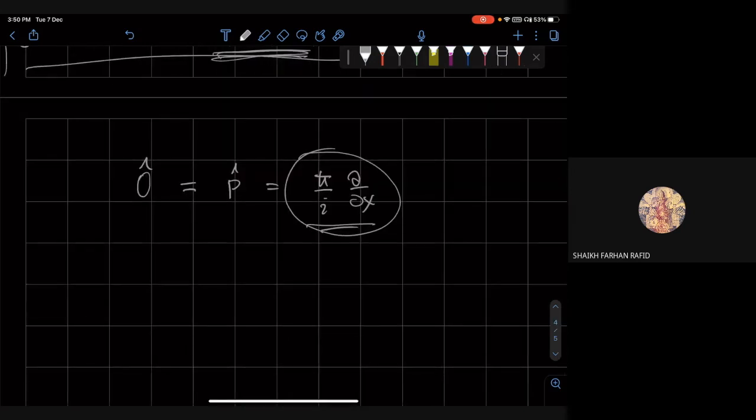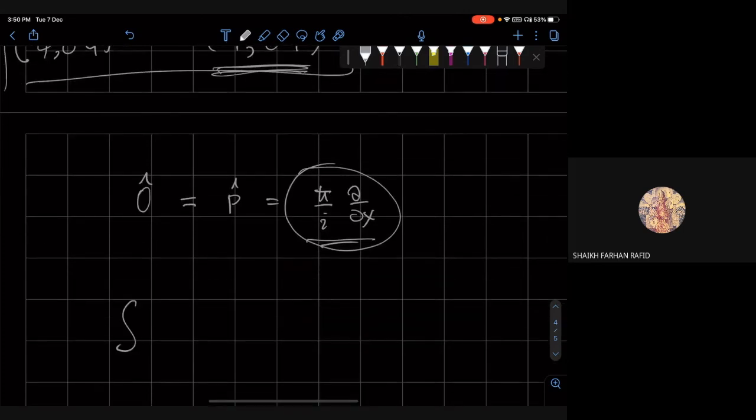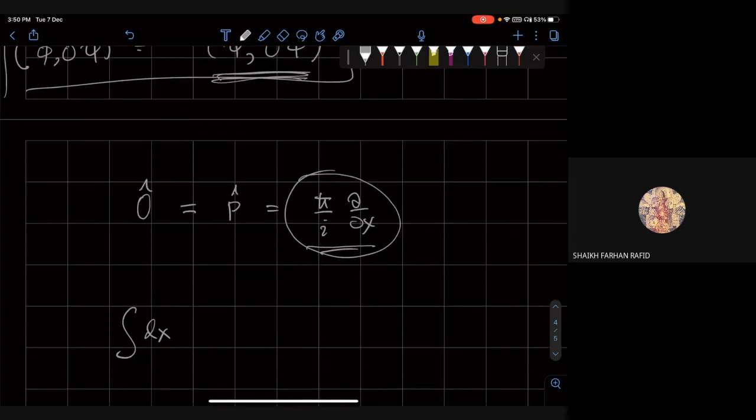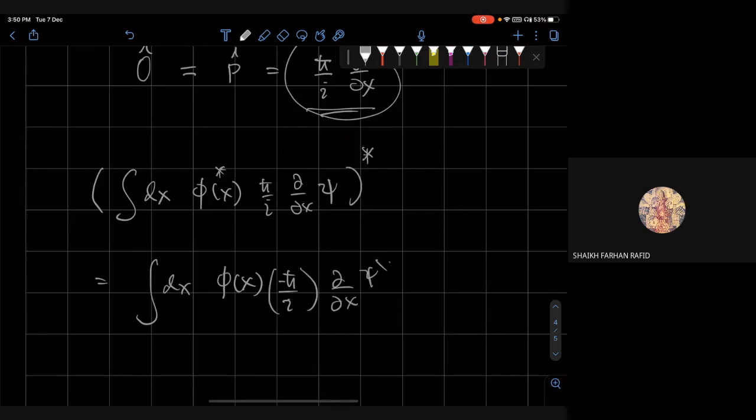And if I want to do that, then the left hand side again is just the integration over x, phi of x, h bar by i, d by dx of psi. There's a star here, and the whole thing inside is complex conjugated, right? So if I do this, then my first factor just becomes phi of x. This one becomes minus h bar by i, and this is del by del x psi star.